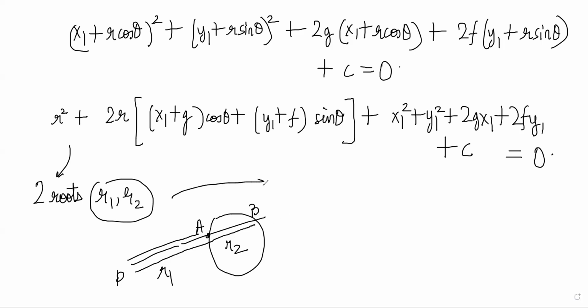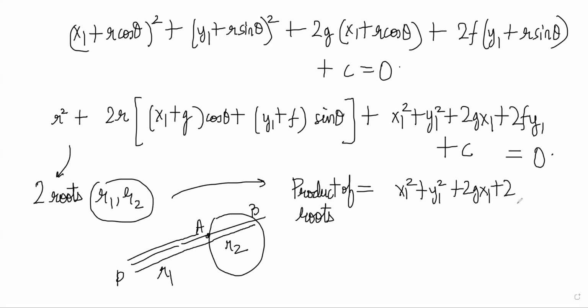And you can see here that the product of roots in this equation is equal to c by a, which is simply x1² + y1² + 2g x1 + 2f y1 + c, right? And this is clearly constant because it depends only on the position of point P (x1, y1).